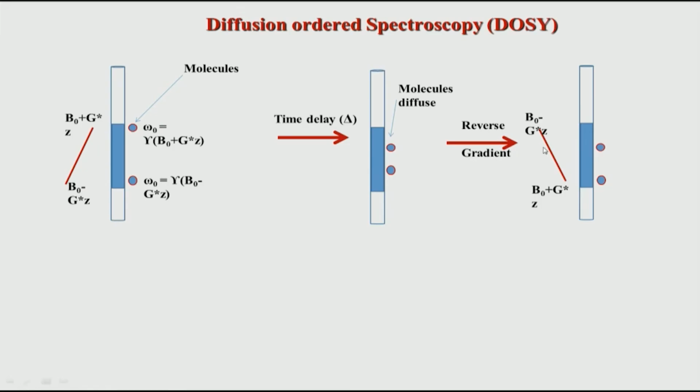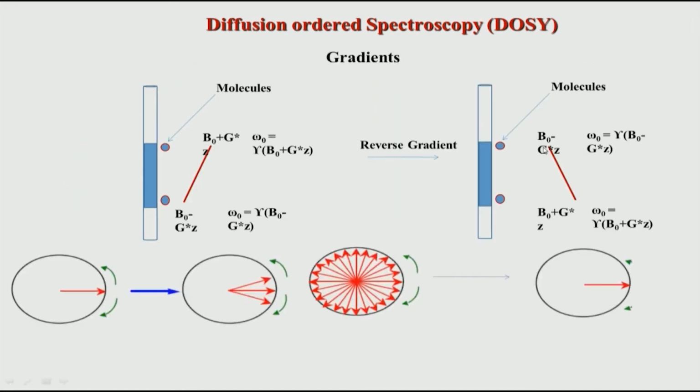If you recollect the previous slide, let us go back to it. Here we saw that this rephasing, going from complete dephasing to the original in-phase state, happens only if the molecule has retained its original position, because the term Z comes in here. So, omega naught depends very critically on the Z value, meaning how far the molecule is from the origin. Suppose I put the origin at the center, I can say this much is the distance up or this much down.